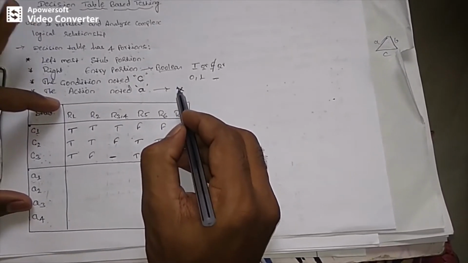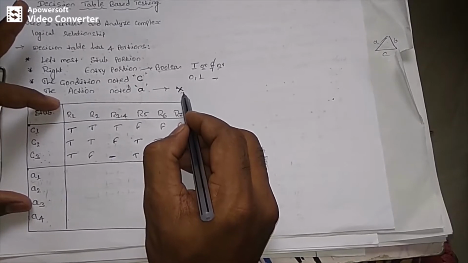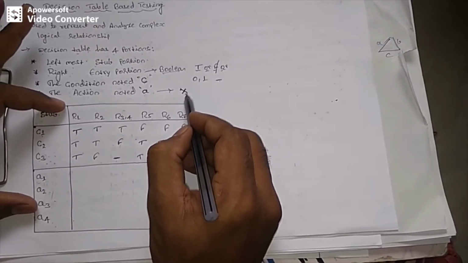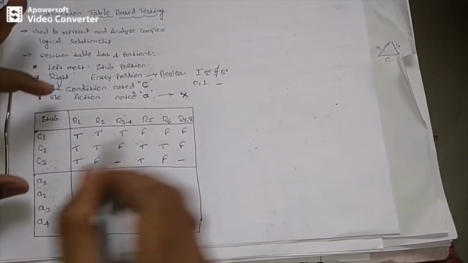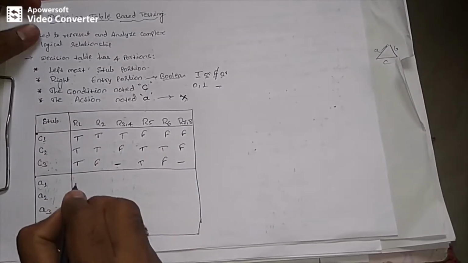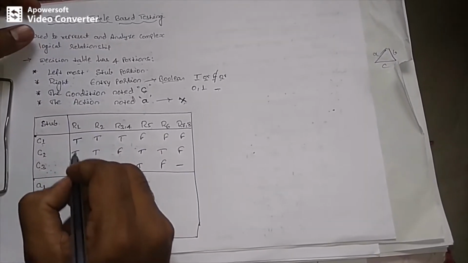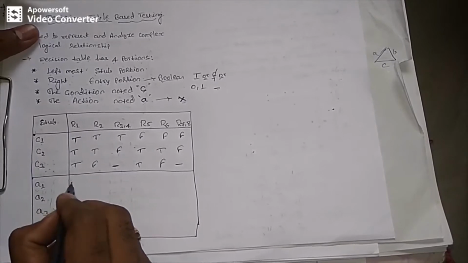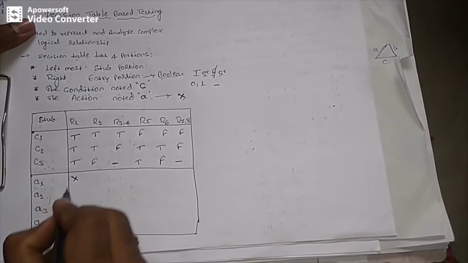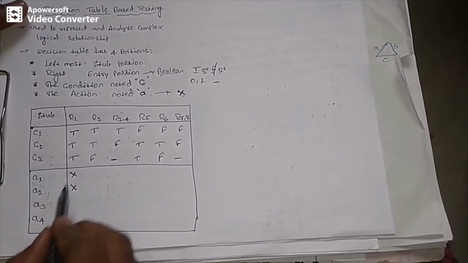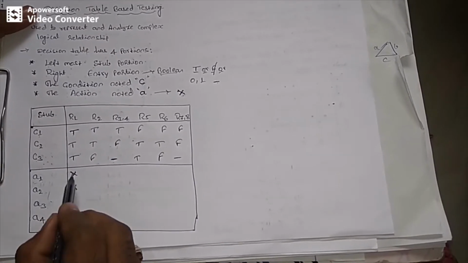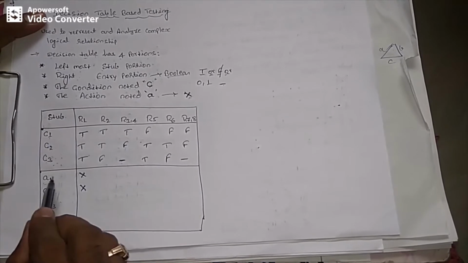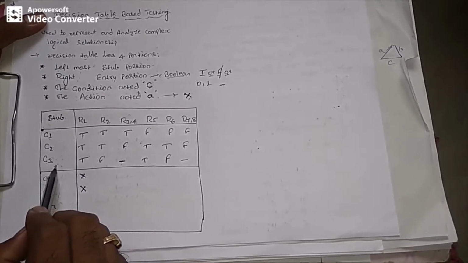Cross mark indicates the expected output result which we are getting for a decision table. For example, whenever C1, C2, C3 conditions are true, my output result will be A1 and A2. Then you need to put a cross mark over there. That cross mark indicates that these are the output results I am going to get when these conditions are true.